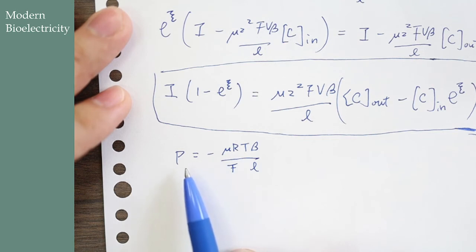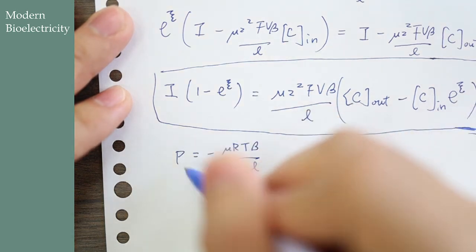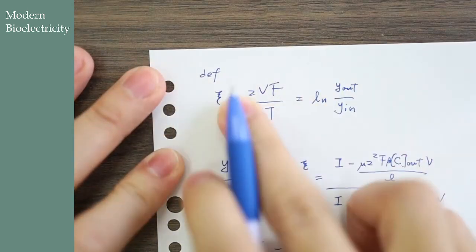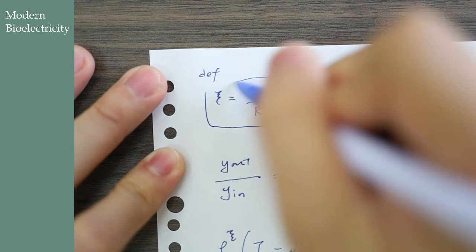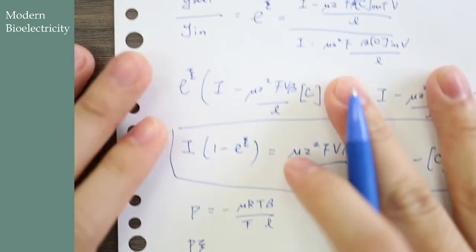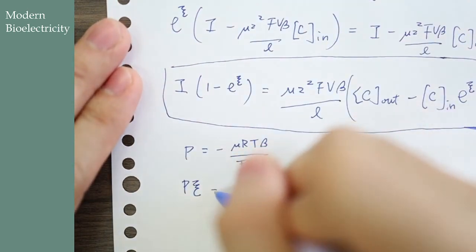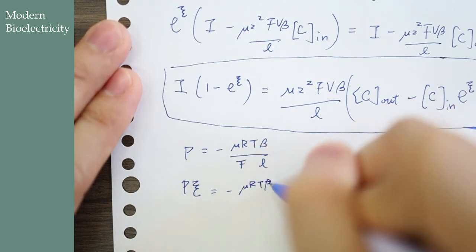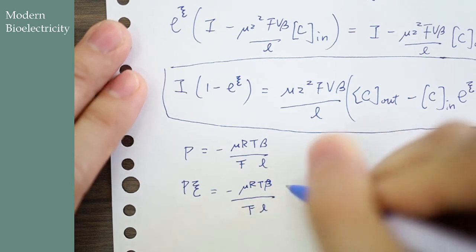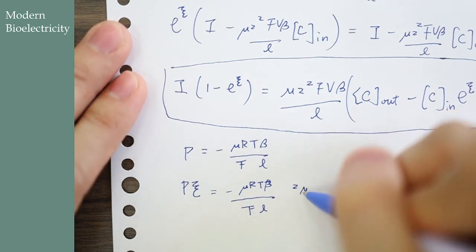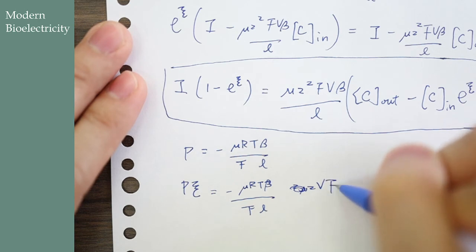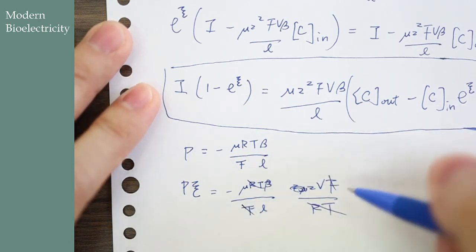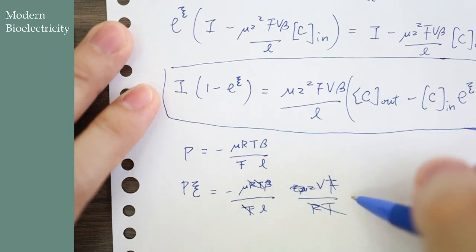If we multiply it with C, which is this thing right here, it is equal to minus mu RT beta by FL, and C is Z V F divided by RT. So RT cancels out, F cancels out.